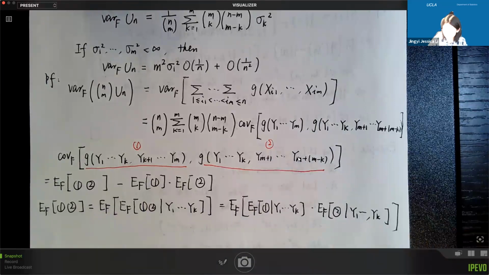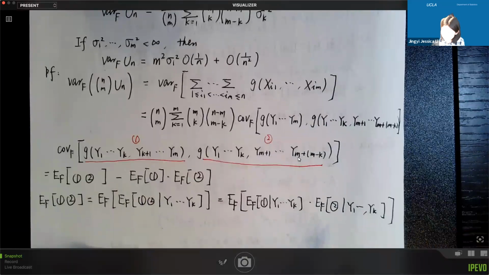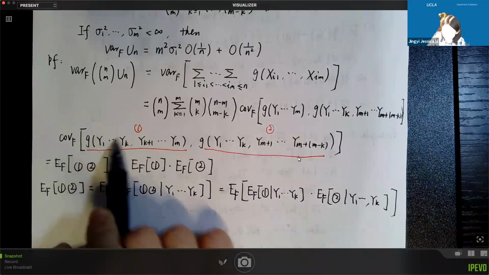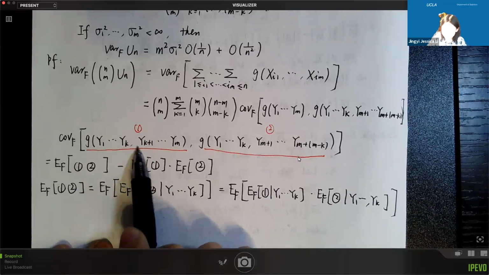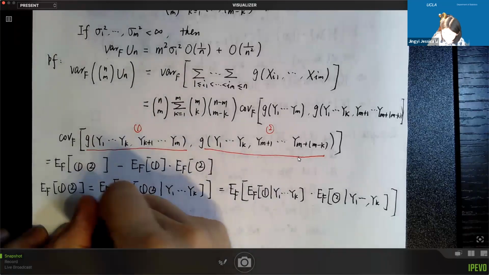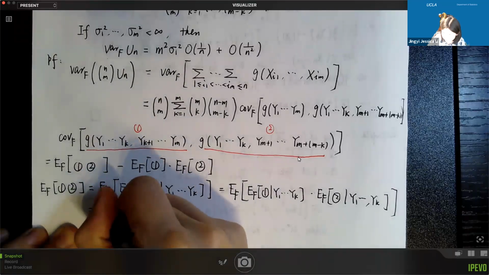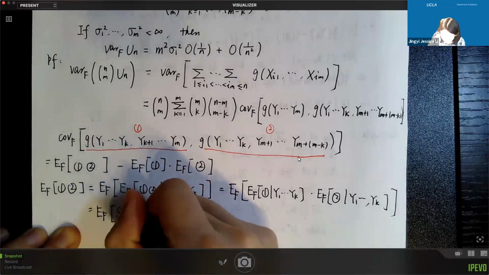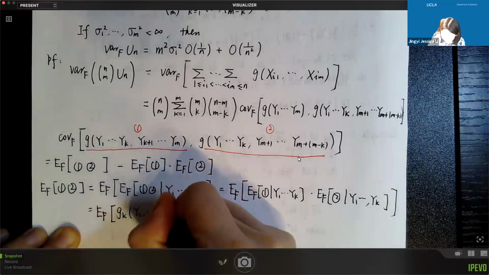In the inner expectation, my y1 to yk are already taken as constant, so I don't need to worry about them. Now I have something nice: the expectation of 1 given y1 to yk is exactly my definition of gk. So here I just get gk of y1 to yk.